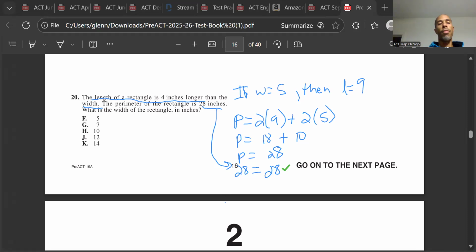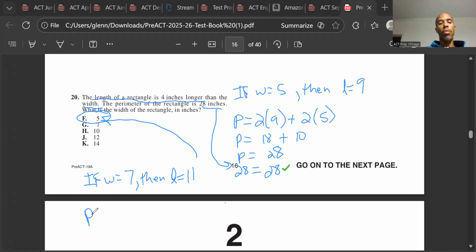It just so happens that that first one is the correct answer. But let's try one that was wrong, right? So in this case, let's see if W is 7, right? Then that means that if the length of the rectangle is 4 inches longer than the width, we would do 7 plus 4 to get 11. So the L would be 11, okay?